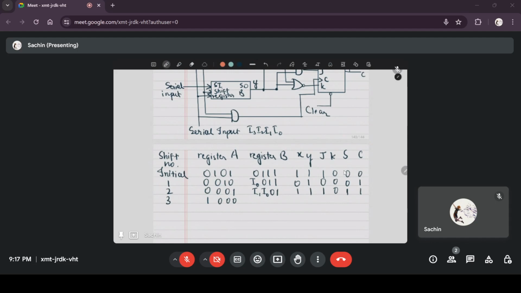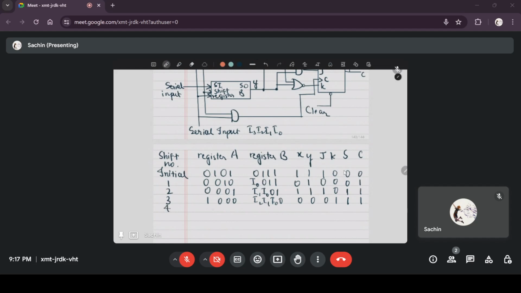And then I2, I1, I0, 0. X and Y are 0, 0. So JK is 0, 1. Sorry, carry depends on the previous JK value, which is 1, 0. So carry is set to 1. And since the carry is 1, XY is 0, 0, the sum is 1.